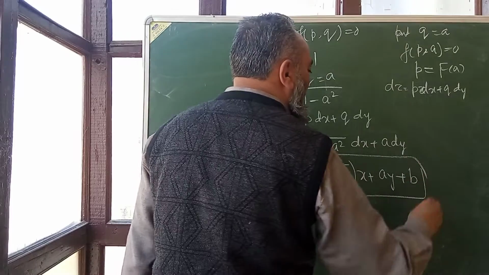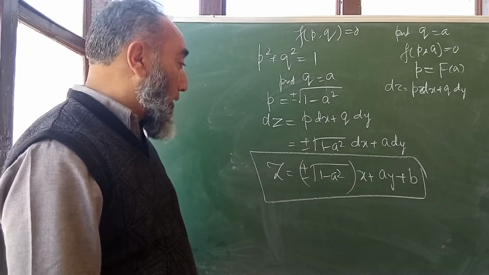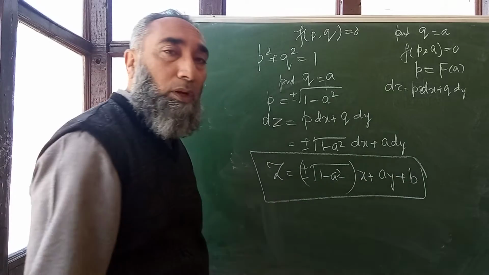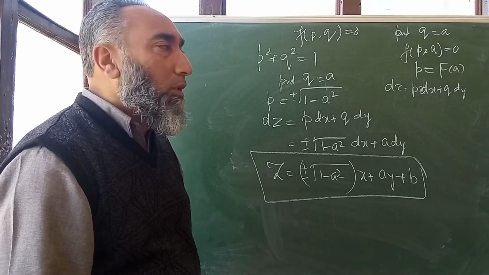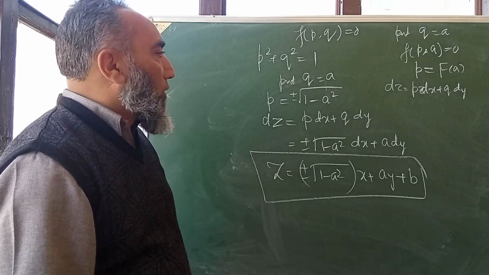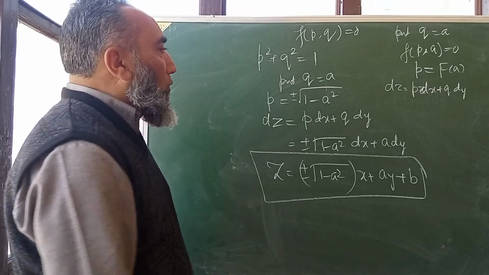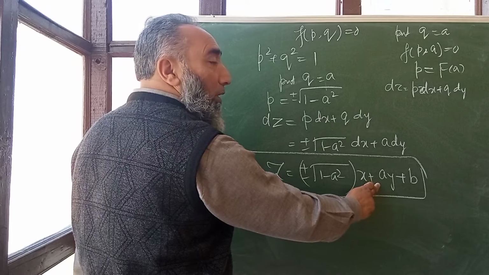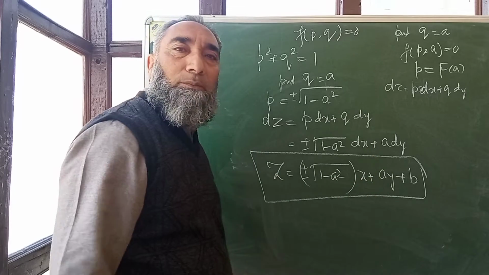This is a solution containing as many constants as the number of independent variables, so this is the complete solution. You could have put p equal to a, then this would have been ax plus or minus under root of 1 minus a square times y. Doesn't matter.